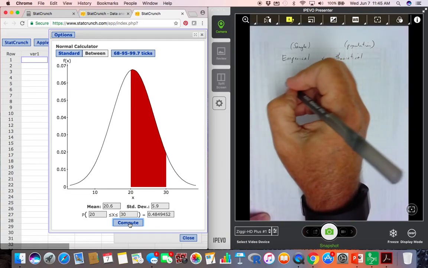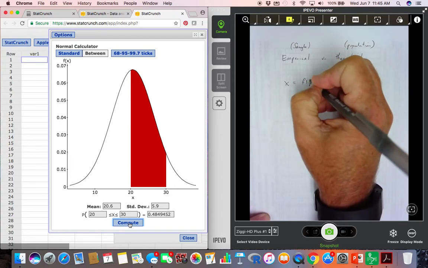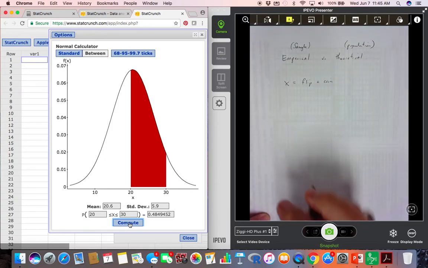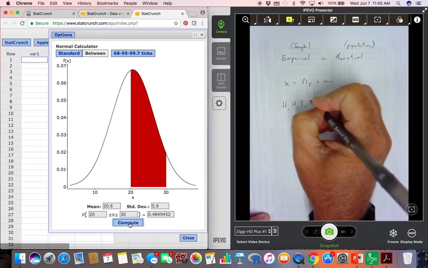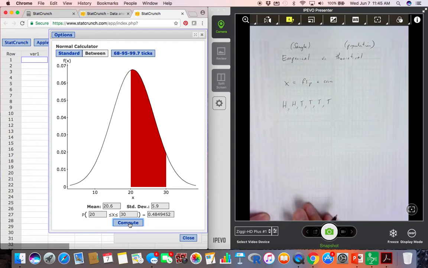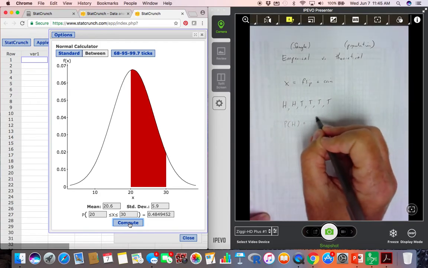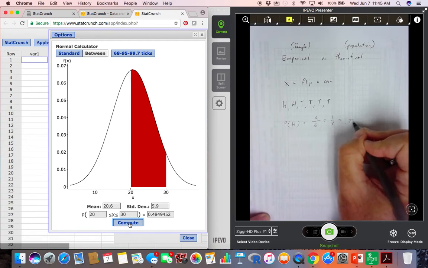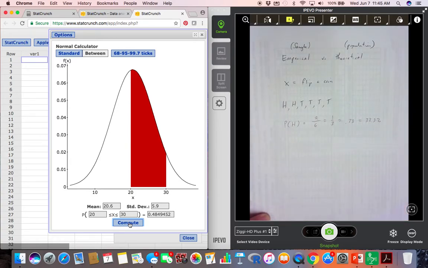Empirical probability: our event is flip a coin. We flip a coin 6 times and we get a head, a head, a tail, a tail, a tail, and a tail. What was the probability that we got a head? Well, we got a head 2 out of 6 times, so the probability is 1/3, or 33.3% of the time we got a head, right?